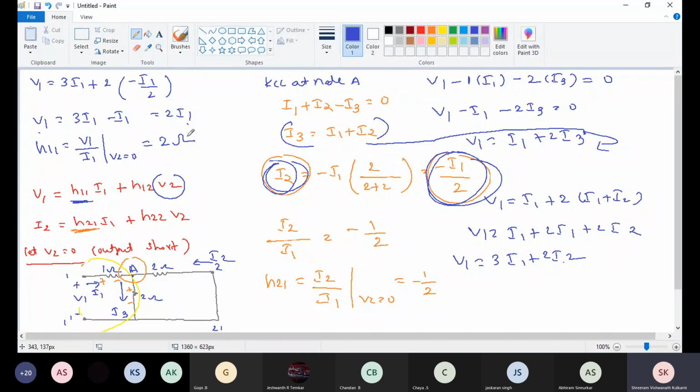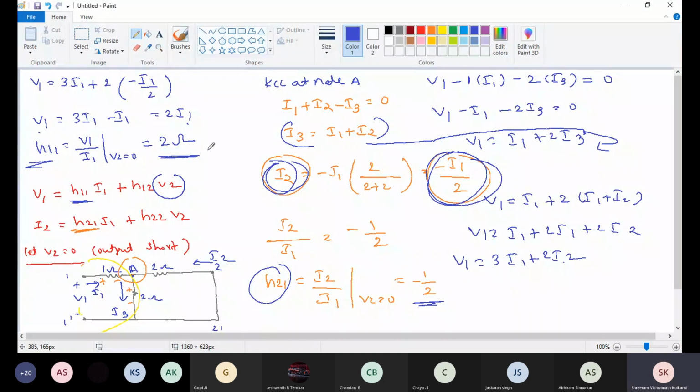By considering V2 equal to 0, you have calculated H21 as minus 1 by 2. See, finally, when I am writing the matrix, I am going to ask for these values, so please kindly note it down. H21 is minus 1 by 2. Okay, H11 is 2 ohm.